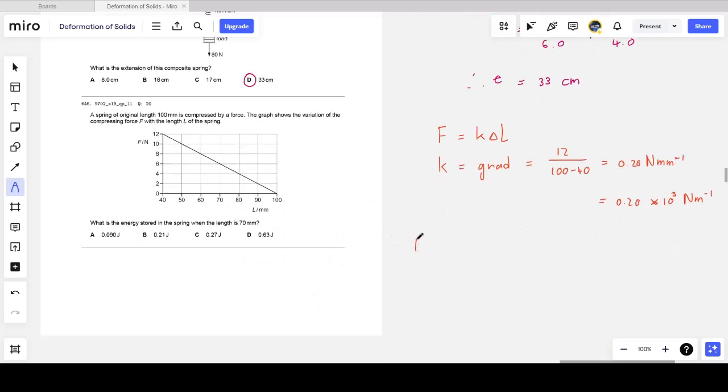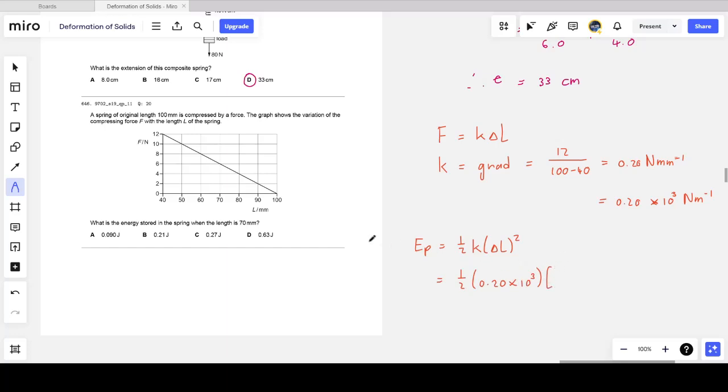Now the elastic potential energy stored in a spring, remember, is a half K times, in this case, compression squared, delta L squared. Now we've already calculated the spring constant, 0.2 times 10 to the power 3 newtons per meter, multiplied by the compression.